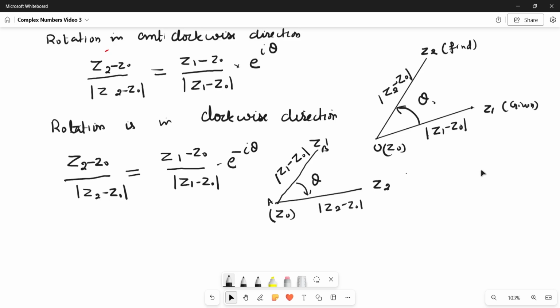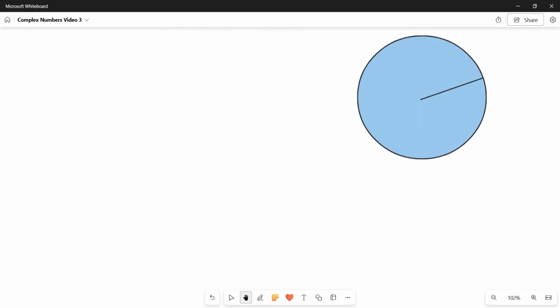Now we want to know some equations of geometrical figures. For example, equation of the circle. Equation of circle in the complex numbers. How to derive the equation of circle?